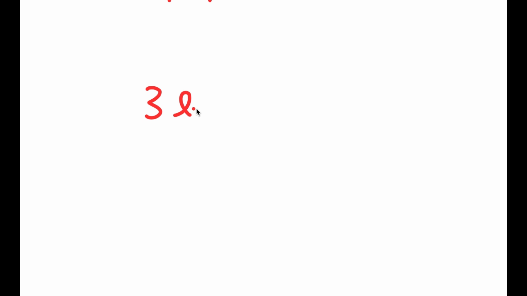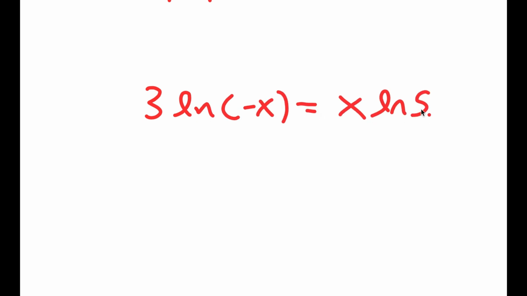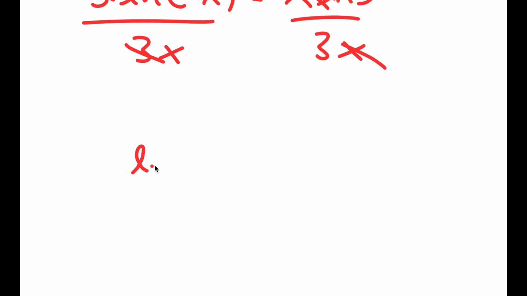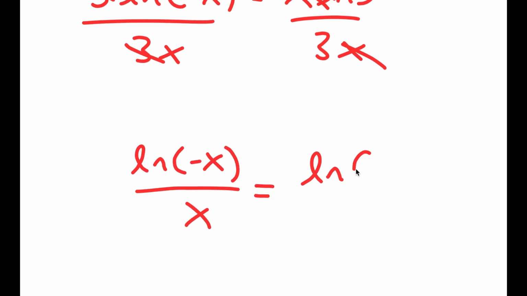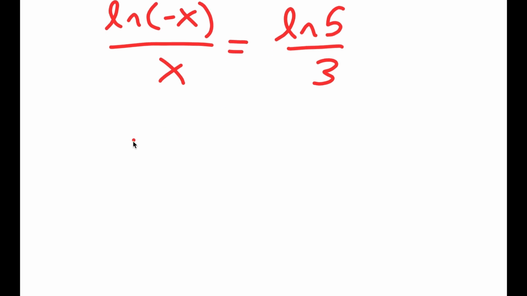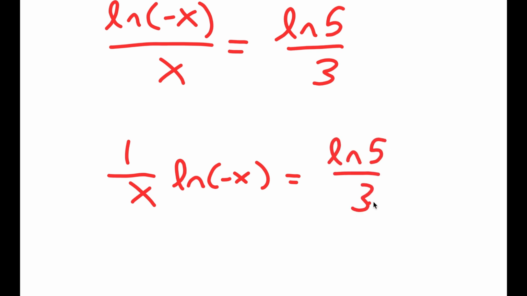So now I have 3 times ln of negative x is equal to x times ln of phi. I'm going to go ahead and divide both sides by 3x. So I have ln of negative x over x is equal to ln of phi over 3. Now, this is the same thing as 1 over x times ln of negative x is equal to ln of phi over 3.